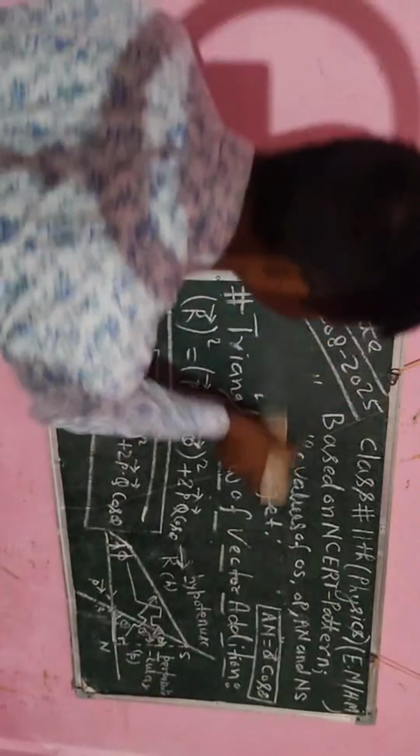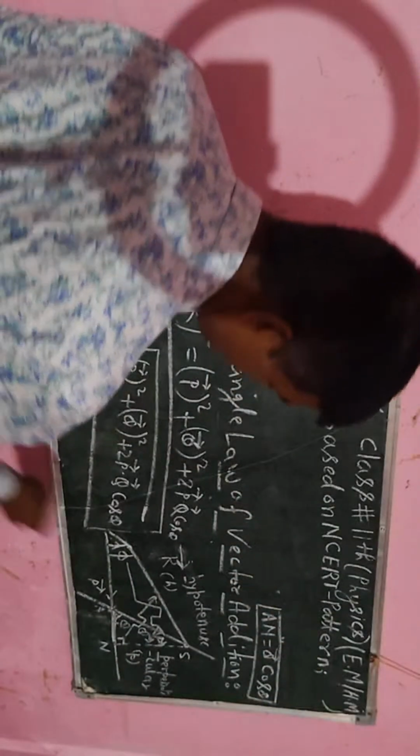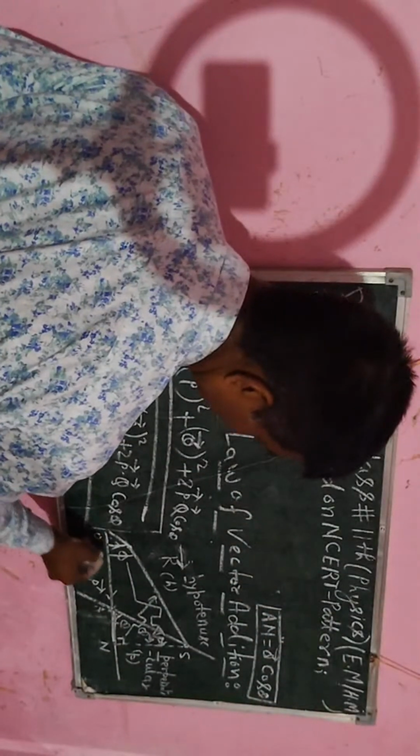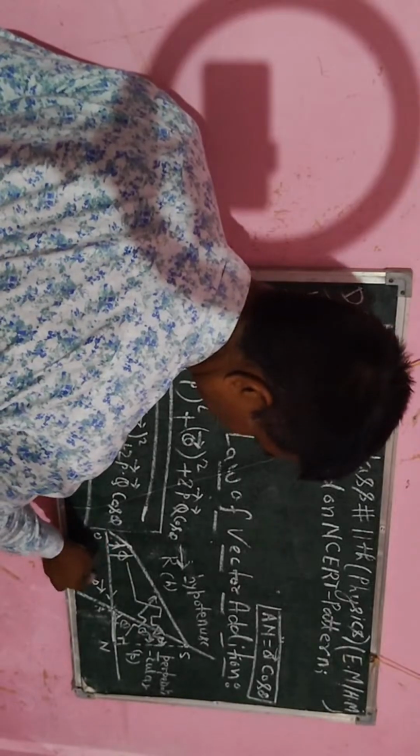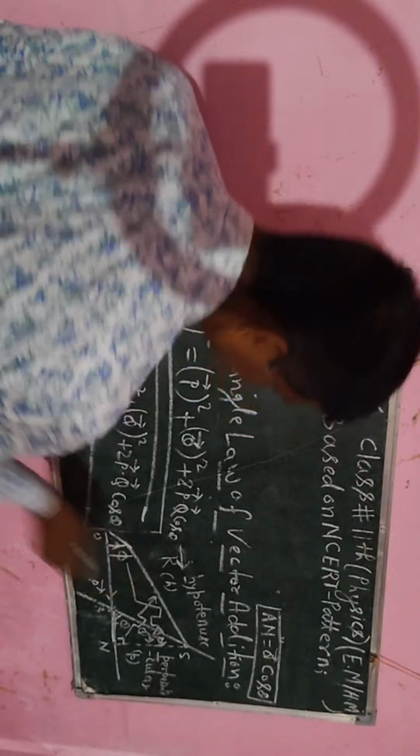So here I am going to erase, and after erasing I will also write what is the angle from point O between these two vectors. One vector is p and the other vector is the resultant vector.